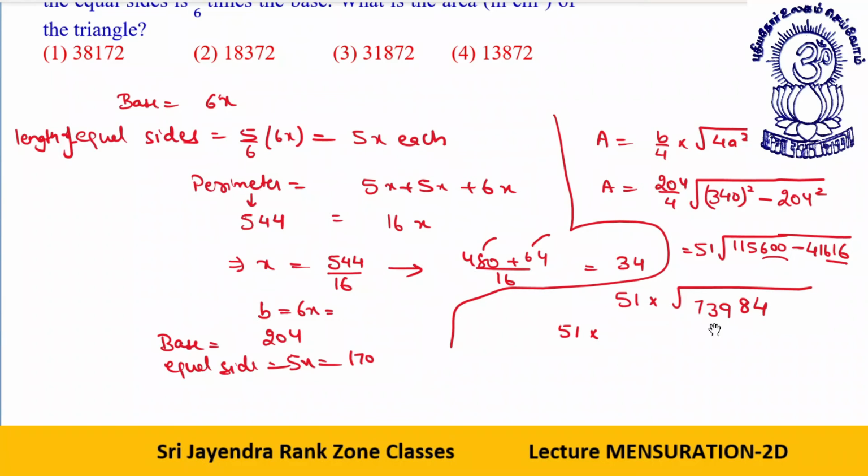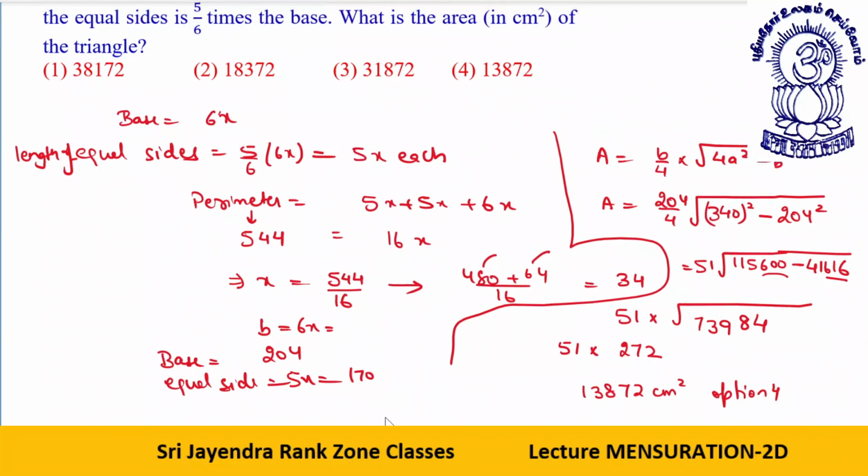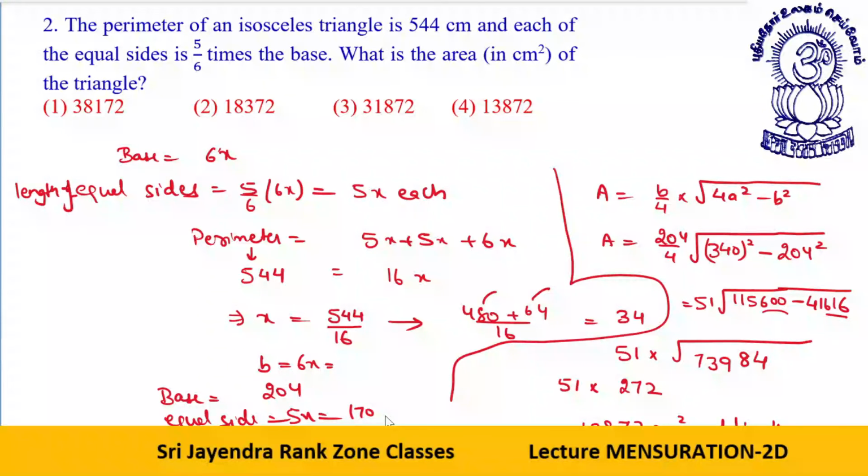So no problem, I'm directly writing down the under root of this, and the under root for this is 272. 51 into 272, you can do the multiplication. So the answer, if among the options, I can say 13872 centimeter square. This is the answer. This is option 4. Dear students, you can have a look at the calculation before I proceed ahead.